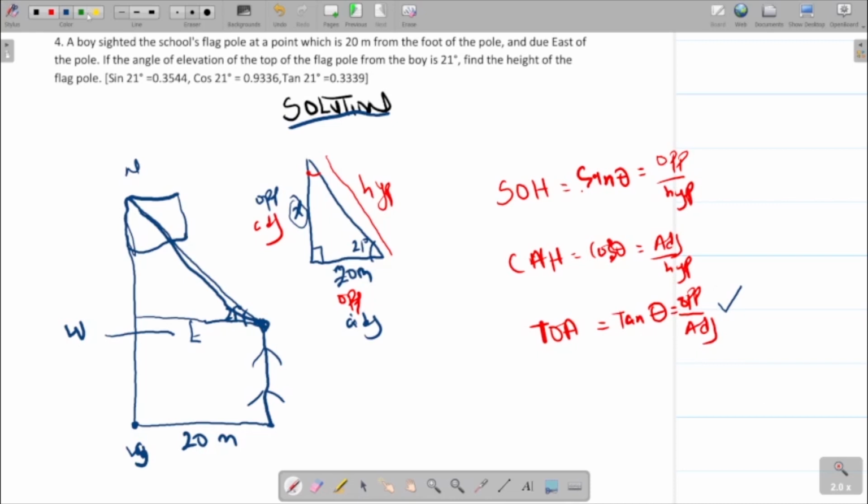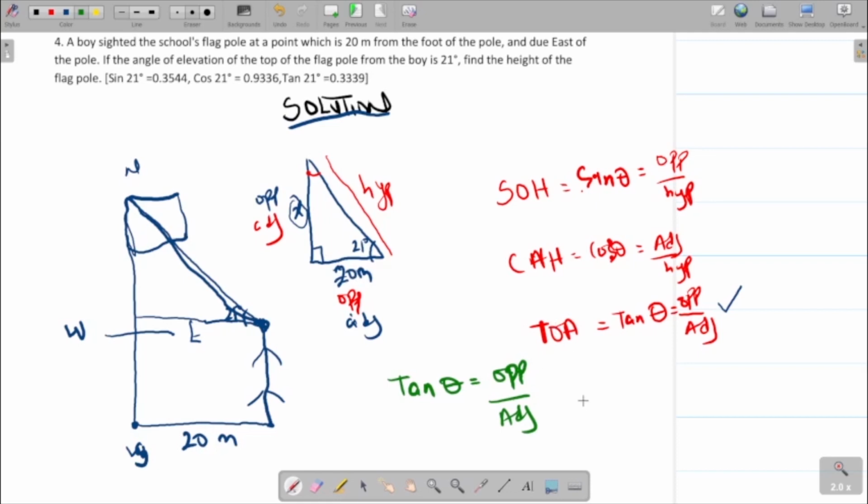So we say tan theta is equal to opposite over adjacent. The opposite here is x, and our adjacent here is 20. The theta we are given is 21.